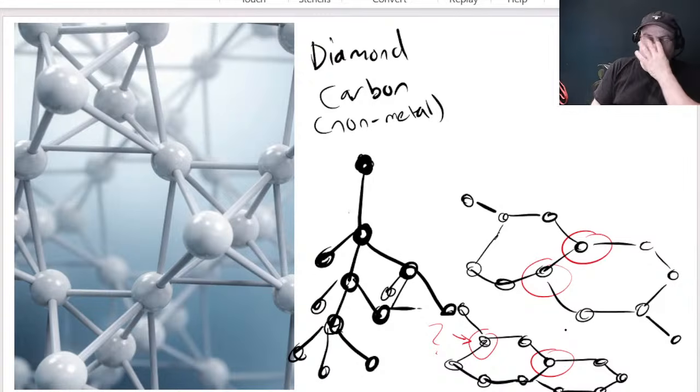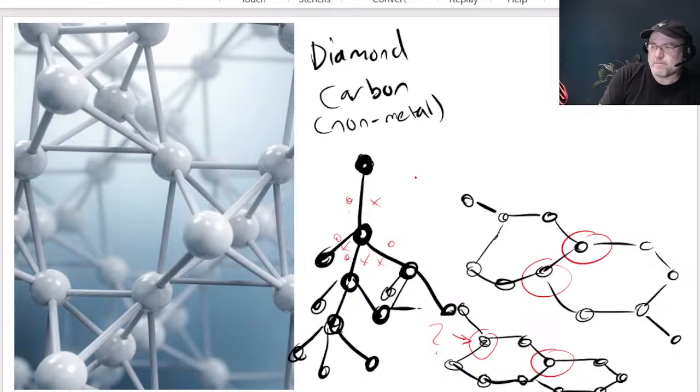Now, the other thing about graphite is that it has delocalized electrons. You don't have to say between the layers, but it has delocalized electrons. The reason is the 4th electron that should be locked in a bond, like it is in diamond, is free in graphite, free to roam about. Whereas in diamond, the 4 electrons in the outer shell of carbon, which is in group 4, are locked into bonds.